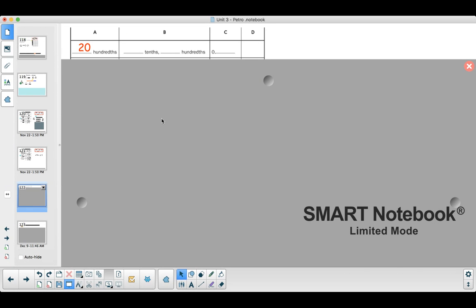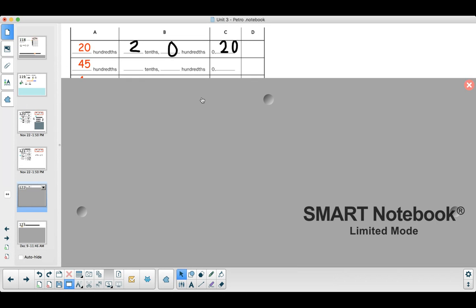All right, let's practice a few more. For this one, 20 hundredths, we want to figure out how many tenths, how many hundredths, and then write it as a decimal. You will have the opportunity to do some of these. In this example, 20 hundredths, I have 2 tenths, I have 0 hundredths, and to write this as a decimal, I would write it as 0 and 20 hundredths. 45 hundredths, I have 4 tenths, I have 5 hundredths.